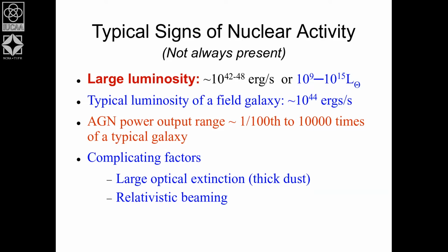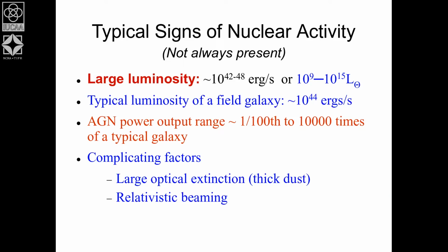Then the Milky Way has a luminosity of something like 10 to the power 44 ergs per second. So the AGN luminosities range from, let's say, 1/100th of the luminosity of an entire galaxy to about 10,000 times the luminosity of a typical galaxy. That's the range of the luminosity from the active galactic nucleus itself.